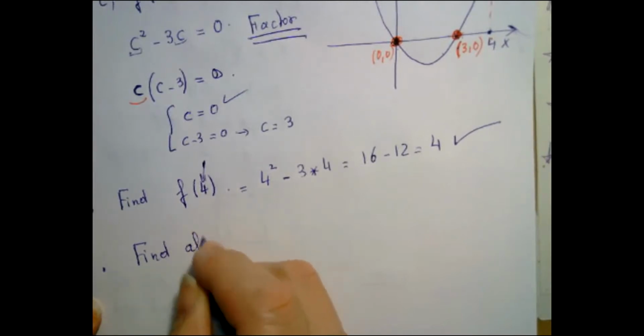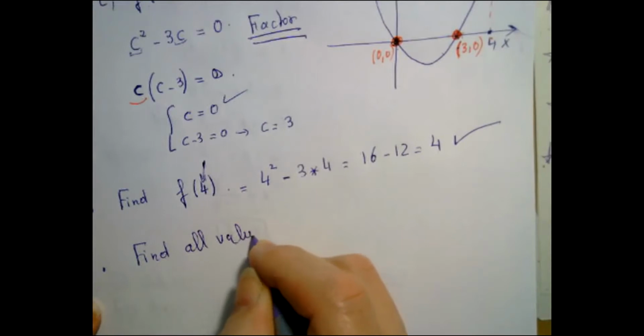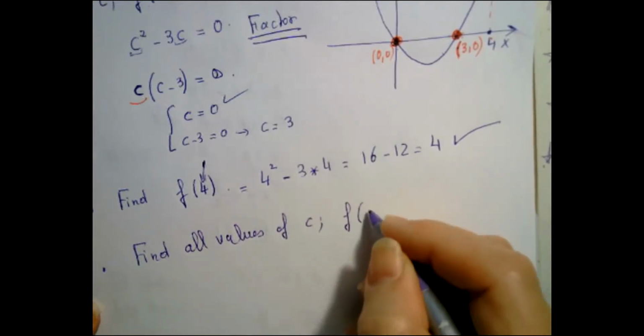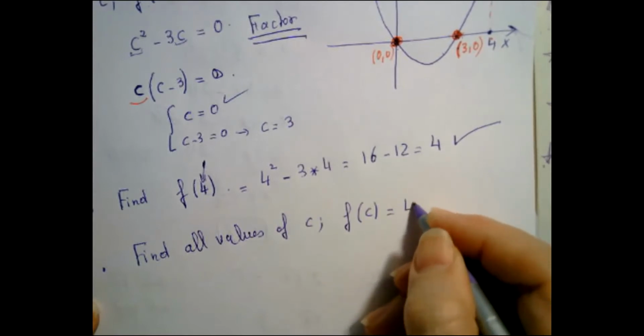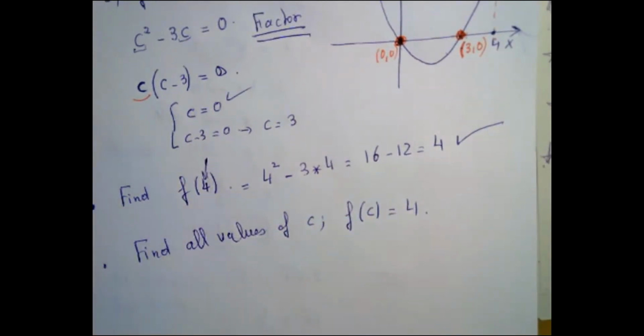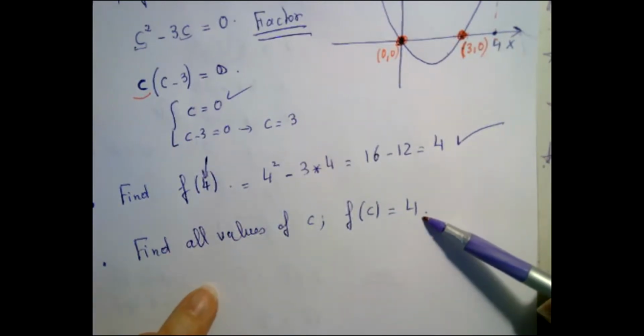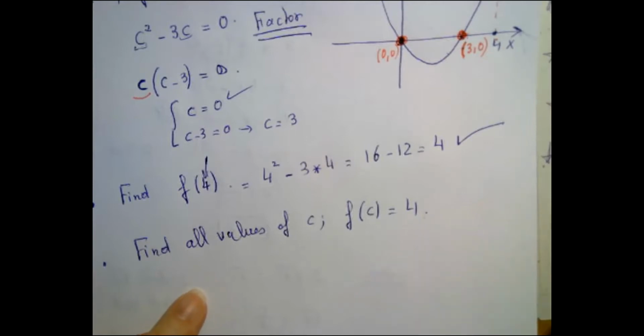All right, now the question is: find all values of c such that f of c equals 4. Now, in this problem, is 4 an input or an output? Danielle? An output. So how can I solve this?